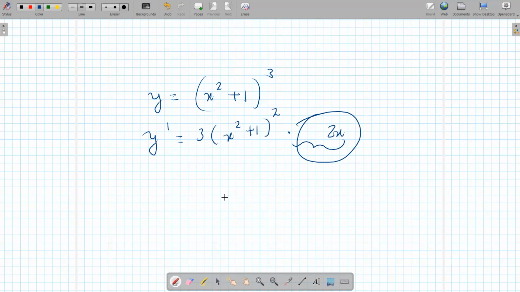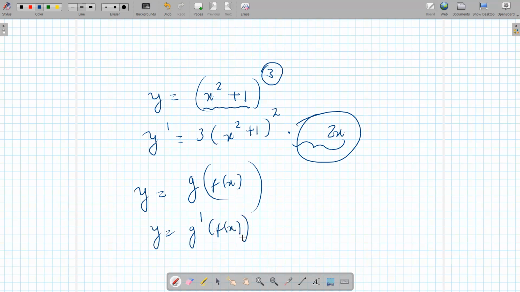If you want the notation, which is going to look a little bit weird, if you have g of f of x like this, where f of x is the inside bit and g is the outside bit, the derivative of g of f of x is g prime of f of x, just the derivative of the bigger picture, times the derivative of the inside, f prime of x.